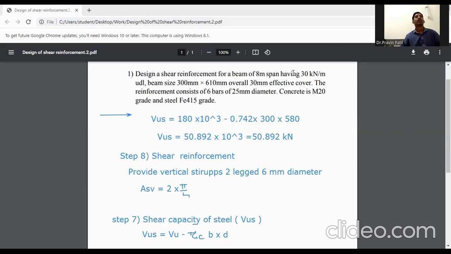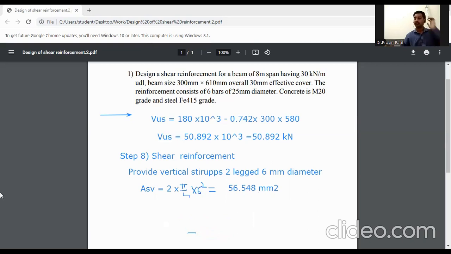That is 56.54 mm square. This one is ASV.